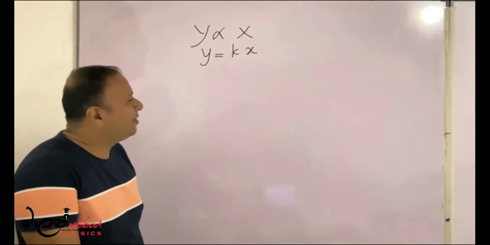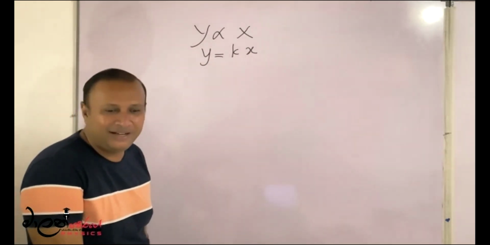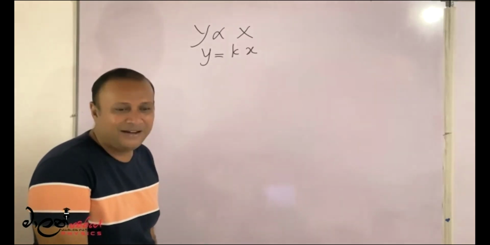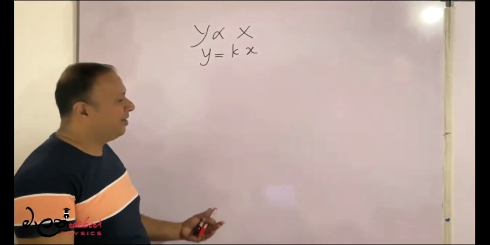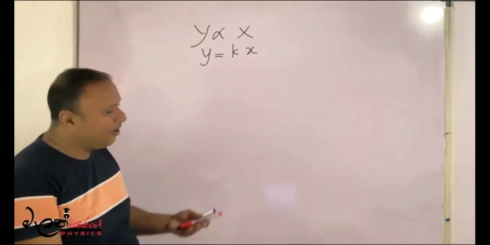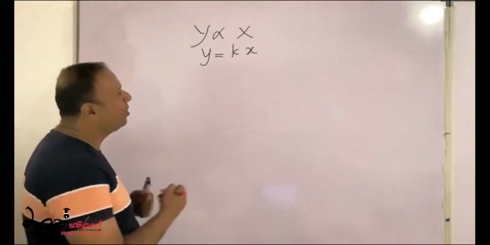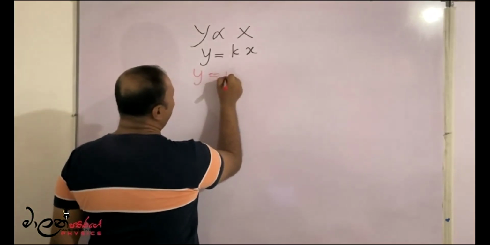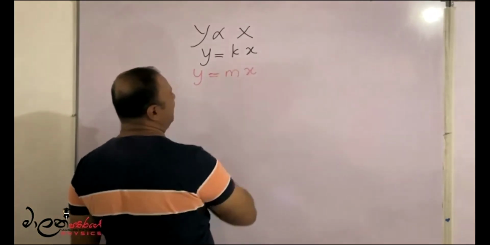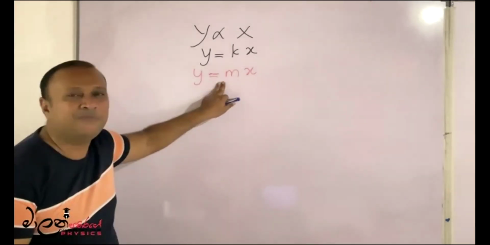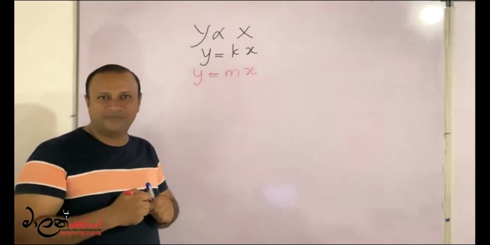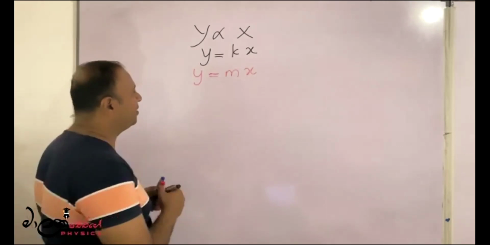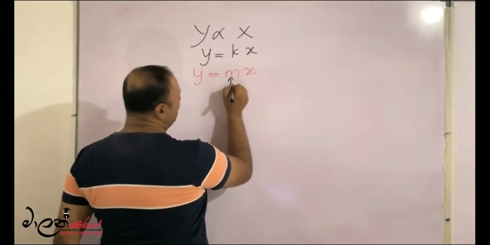This is equal to y equal mx, where m is the gradient. The gradient is a constant. Therefore, this is the y equal mx pattern, and in this case m is the constant.